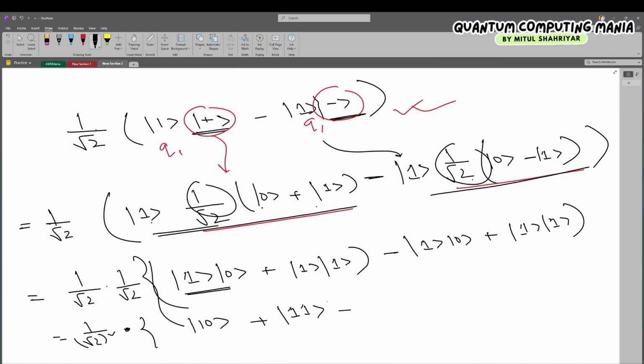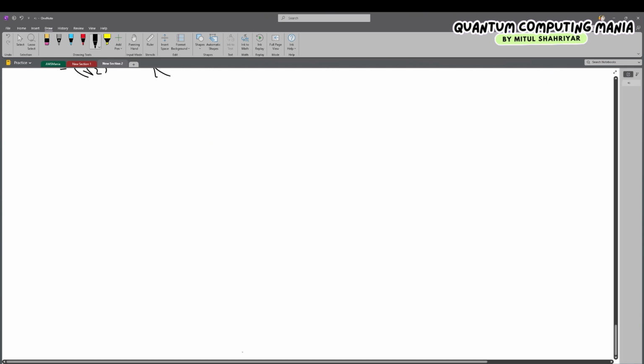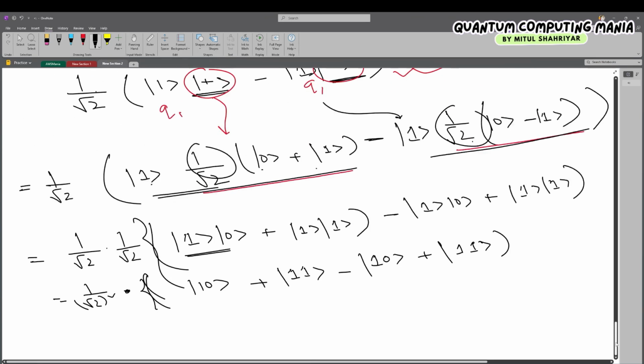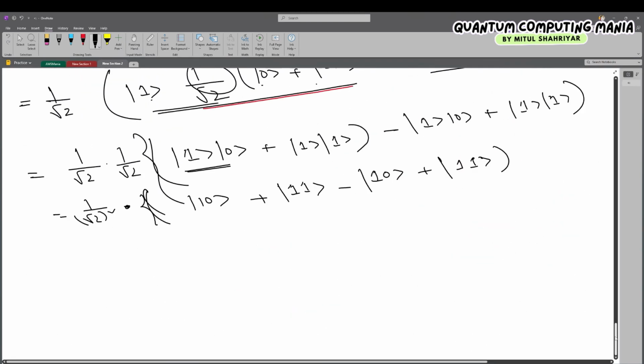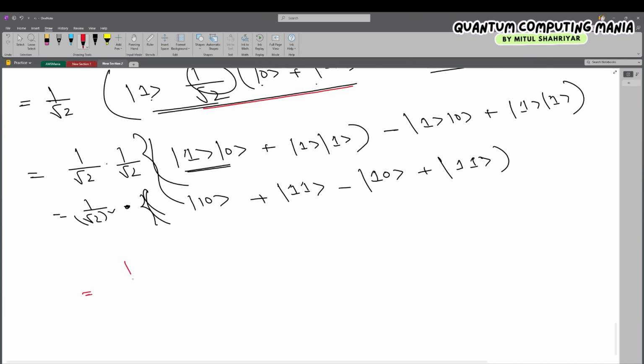Done. And we can write 1 0, and we can write it 1 1, or just make it first bracket, no problem. So as we are almost done, what we see right now is 1 by root 2 squared is 2, right?